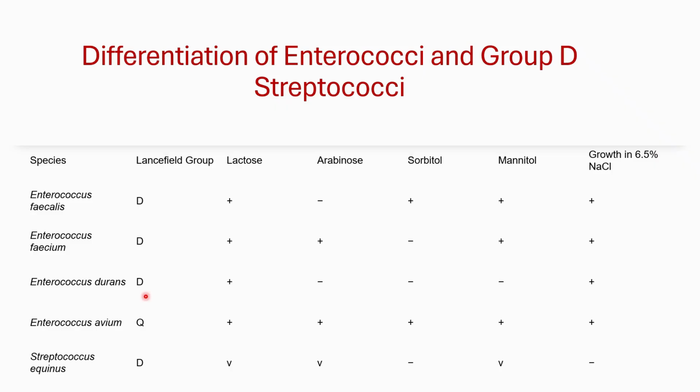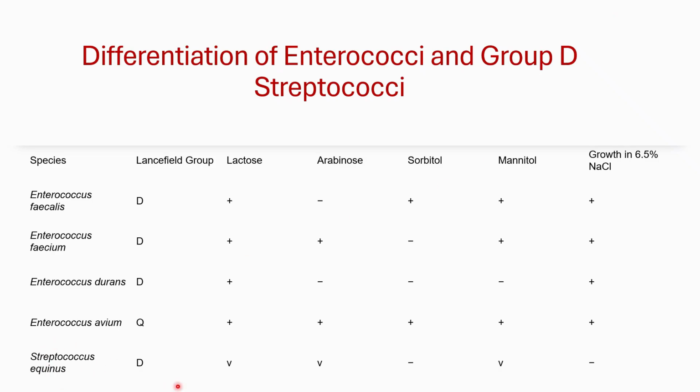Enterococcus durans will ferment lactose only, and it does not ferment any other sugars, and also shows growth in high salt concentration. The last one is Enterococcus avium. It is group Q, ferments all 4 sugars: lactose, arabinose, sorbitol and mannitol, and also grows in 6.5% sodium chloride.